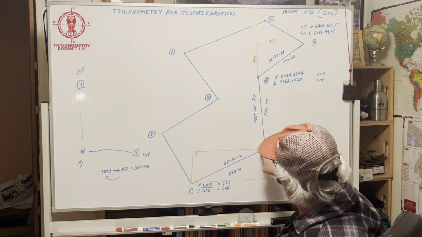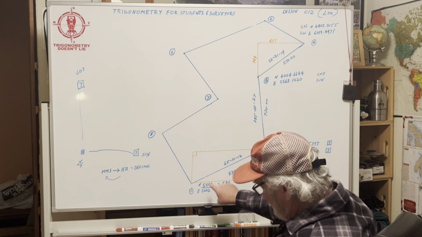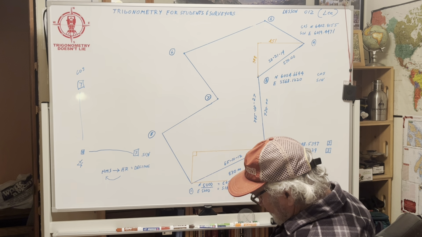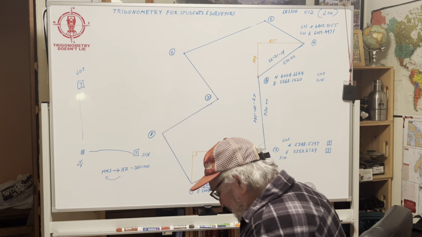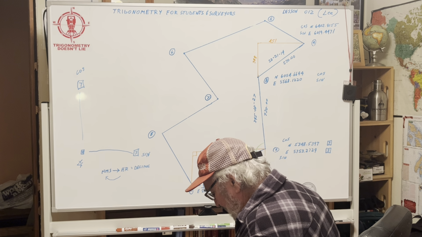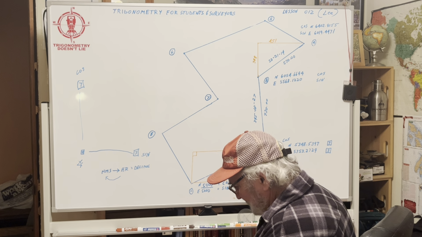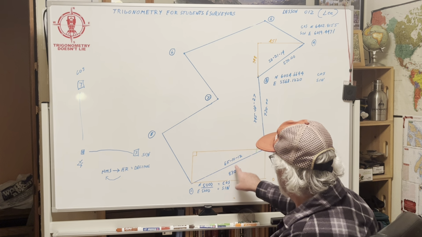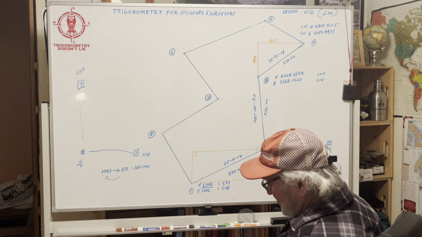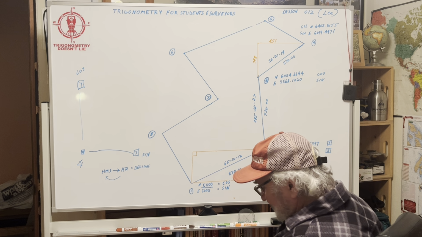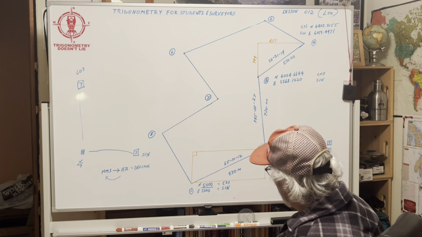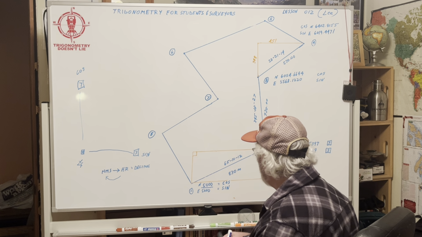Now we want the backside of that. So that's going to be 180 plus. And that should be 245, 10, 12. That's the actual bearing. So we have 245.17. That's the decimal.